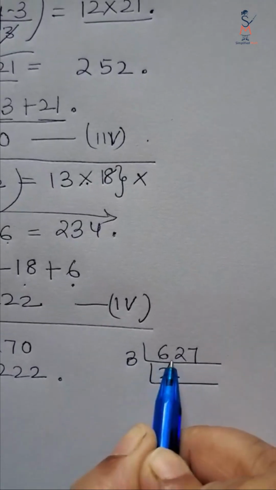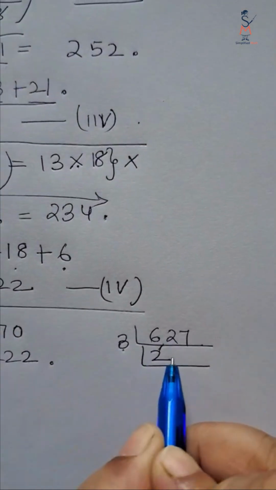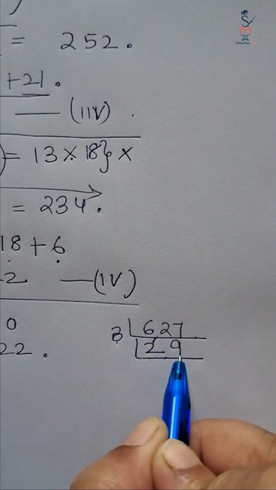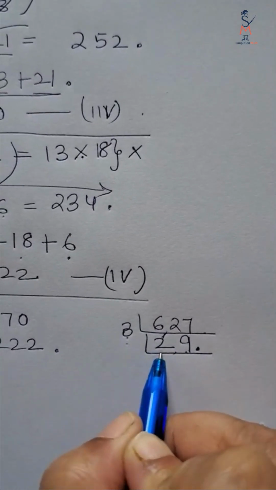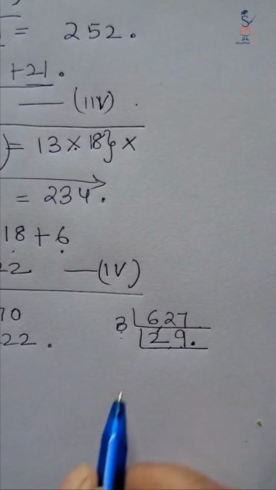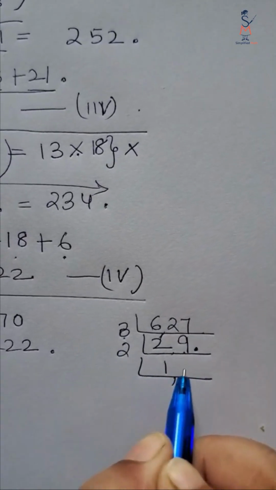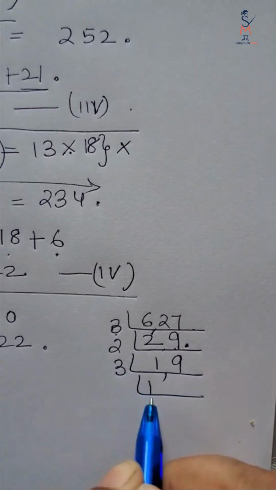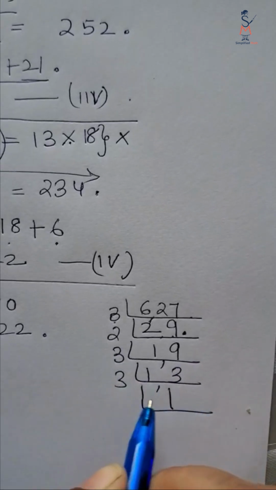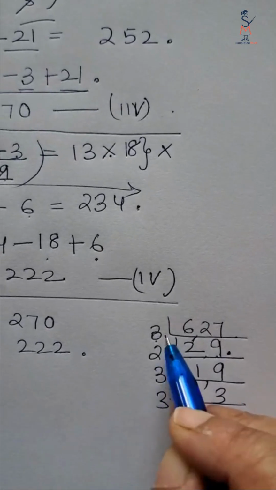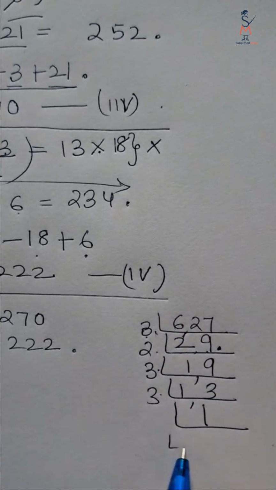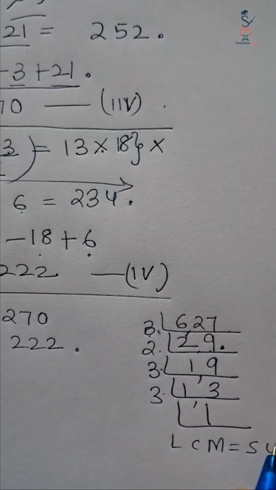We divide, we write it together, and 3 2s are 6 and 9. Now 9 is not divisible and 2 is also not divisible by the same number. So let's do it step by step. 3 3 3 1. Now it is 3 2s are 6, 3 3s are 9, 9 6s are 54. So our LCM turns out to be 54.